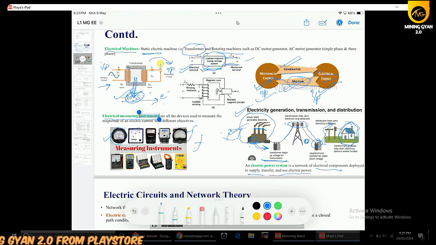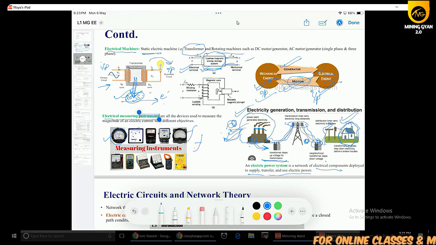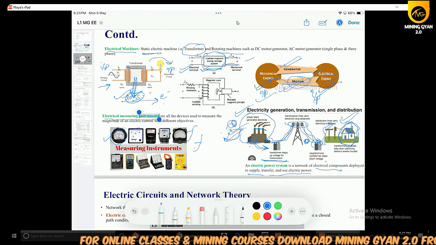So consumers will consume the transmitted electrical energy that was generated here in the generation unit. There are many electrical elements connected in between. We will study about these elements in later stages. So this is the working principle of any power system.